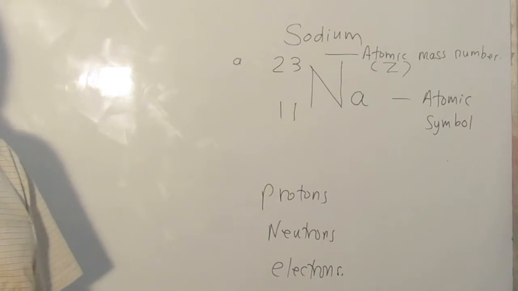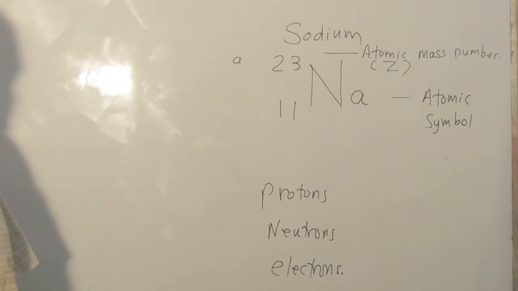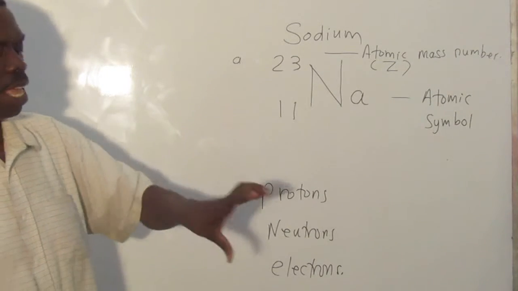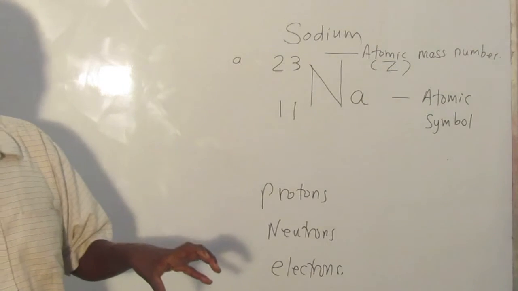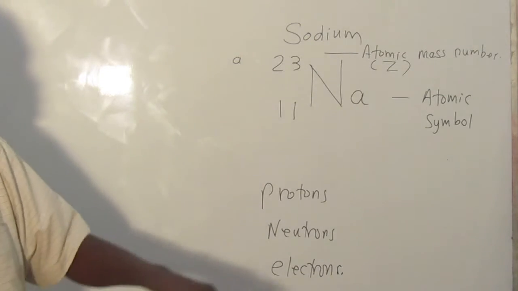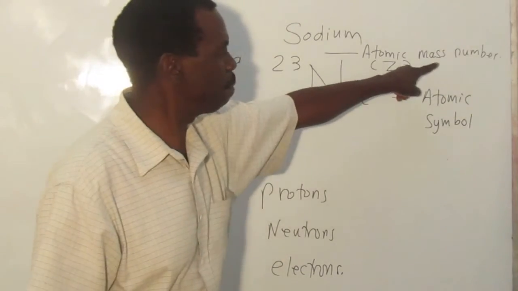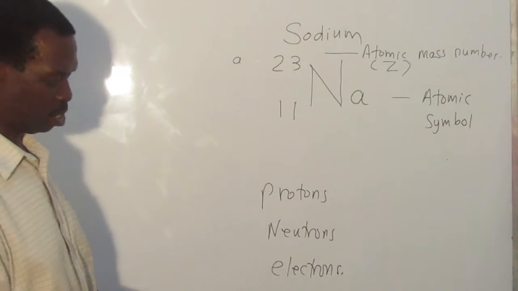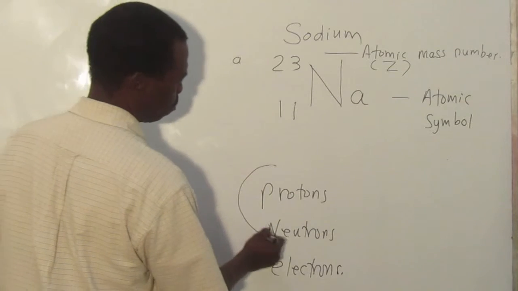Now, if somebody asks you what is the atomic mass number, these are in relationship to the protons, neutrons, and electrons. It simply means the nucleus is where the mass is concentrated. You remember from what we talked about, the nucleus is made up of these two.